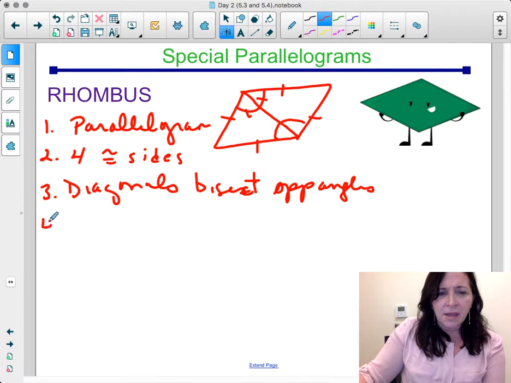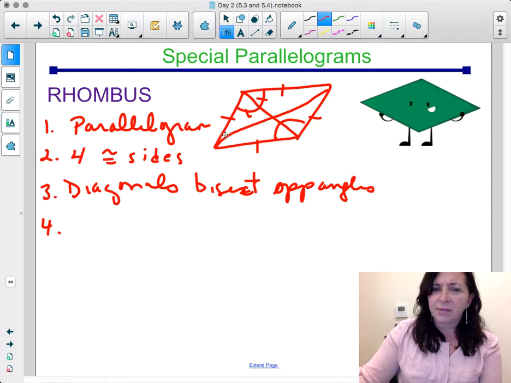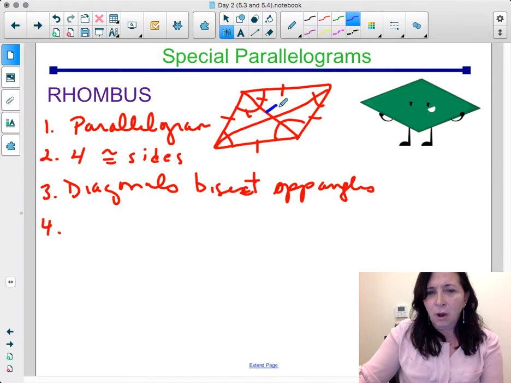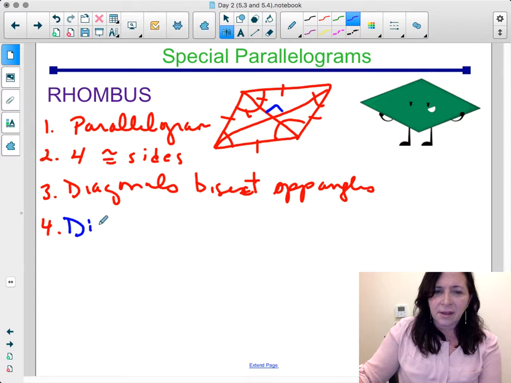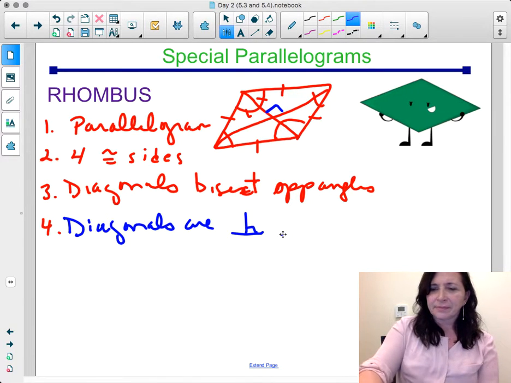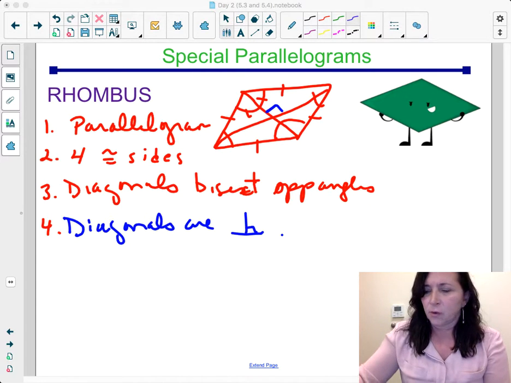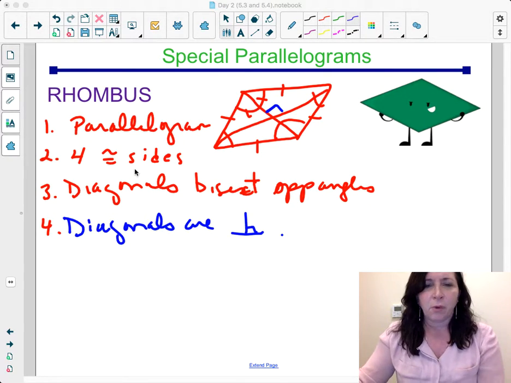And lastly, not only do the diagonals bisect both pairs of opposite angles, but the diagonals are perpendicular. So the diagonals are perpendicular. Okay, so that's really important. So one of my favorite things is the rhombus.